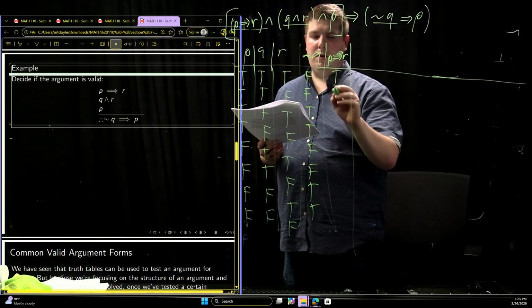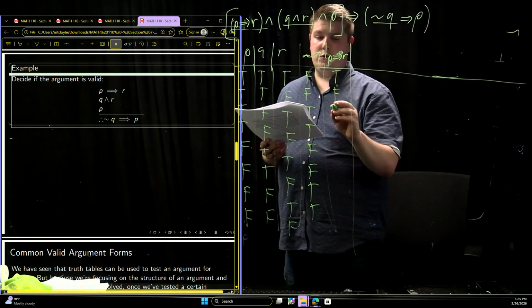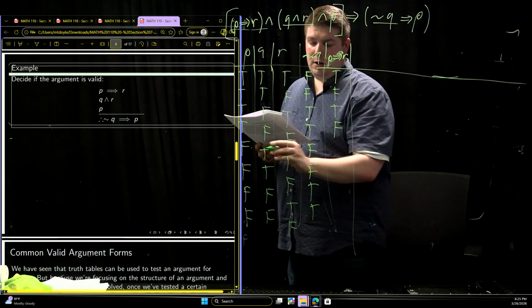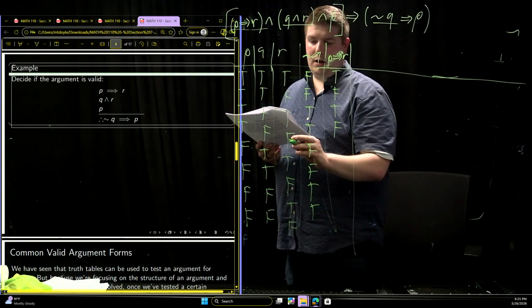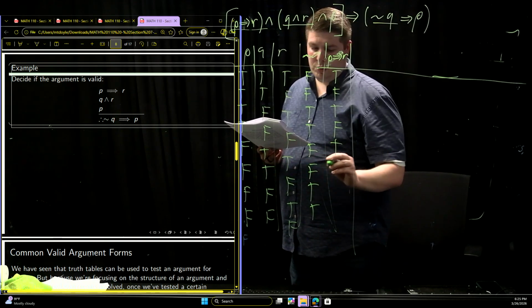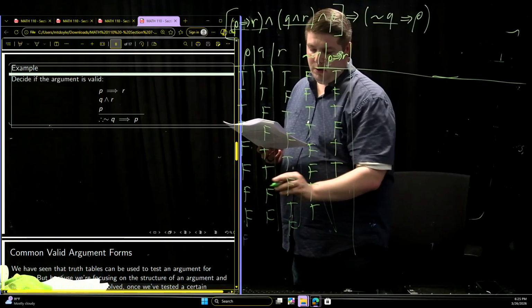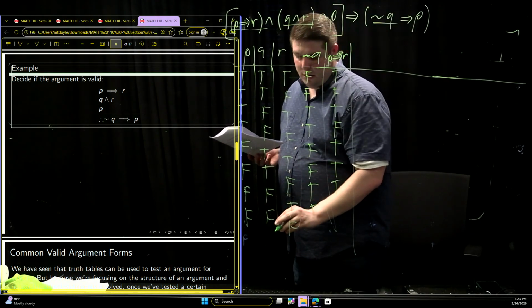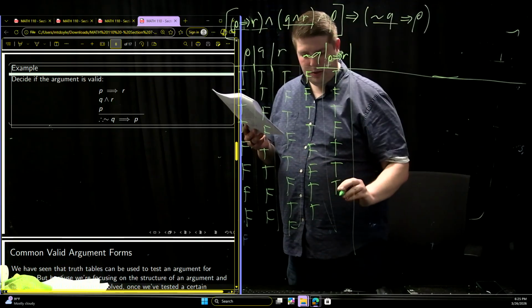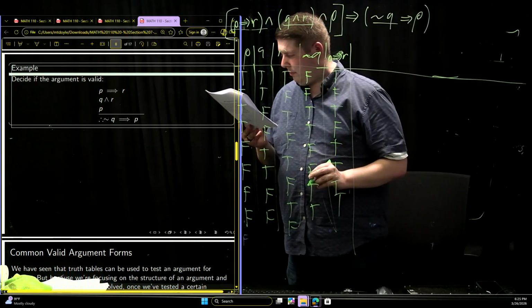Then true implies false, which is false. True implies true, which is true. True implies false, which is false. False implies false, which is true. False implies true, which is true. False implies false, which is true. I'll just copy my notes here. Then the last one's true as well. We have 4 truths there.